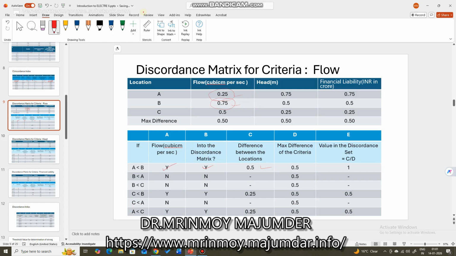And the maximum difference of the criteria means this one. Maximum difference of the criteria means the highest difference that exists between two alternatives. So in this case, location A and location B, the difference is very wide, the largest.